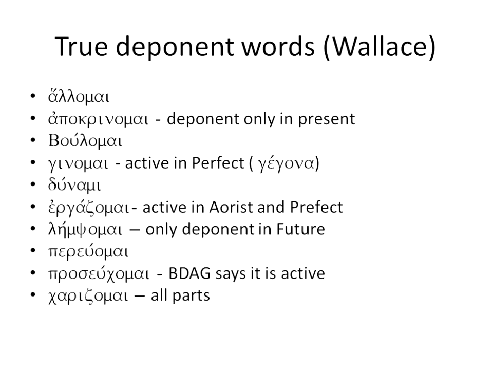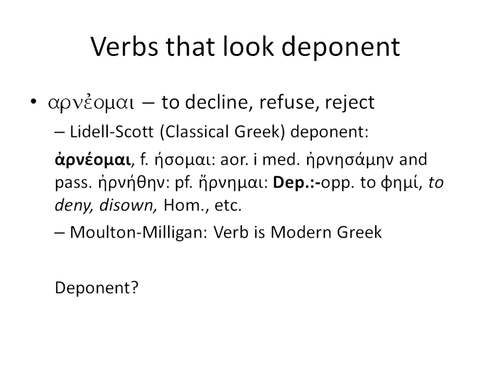So, Wallace says the following are true deponent words, and we've seen many of these in our class. Notice he has lansamai only deponent in the future. We have other things that we call deponent in the future. Proserchomai is easy because BDAG says it's active. Okay, but verbs that look deponent, but might not be, Wallace would say, not.